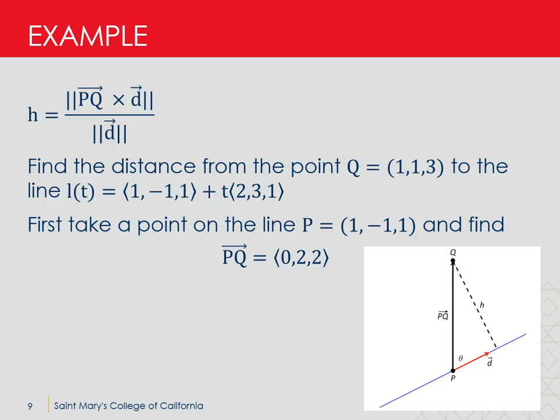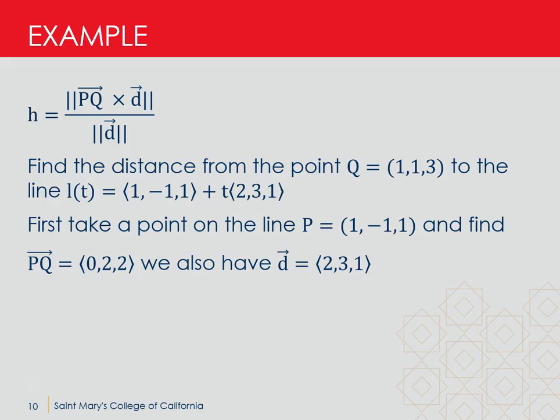But of course, that's not the shortest distance from the point P to Q. And again, you'll see on the graph there, we've got D. D is the direction of the line. So really, we have everything we need. We have PQ, (0, 2, 2). The direction of the line is simply (2, 3, 1). We have that from the equation of the line. And so everything we need, we can plug into the formula for h.